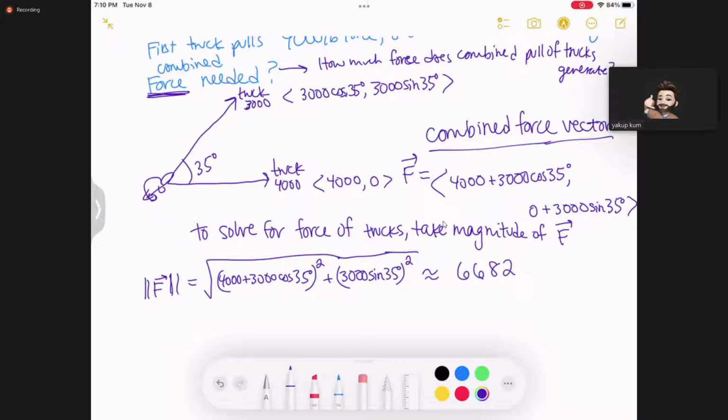Does it say to round? Oh, it said to round to one decimal place. That's at least what your book said here. And it's pounds. Is that right? Oh, your textbook gave this question in i and j. I see.